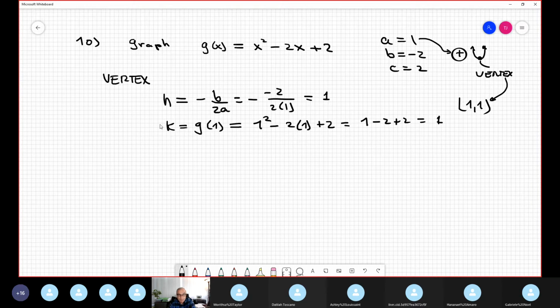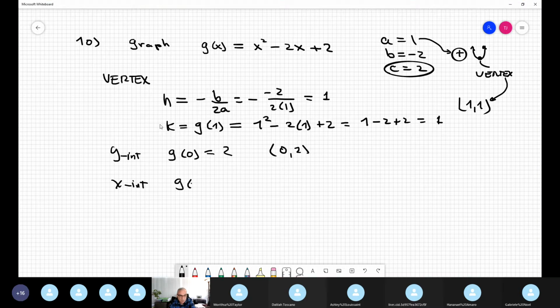Now, they want you to find also the y-intercept and x-intercept. The y-intercept is super easy because the y-intercept is always c. When you plug in 0, everything is gone, 0, 0, 0, and the answer is 2, and the point is 0,2.